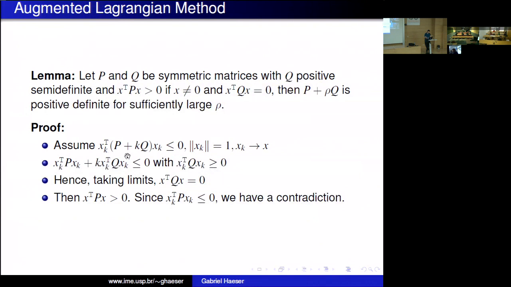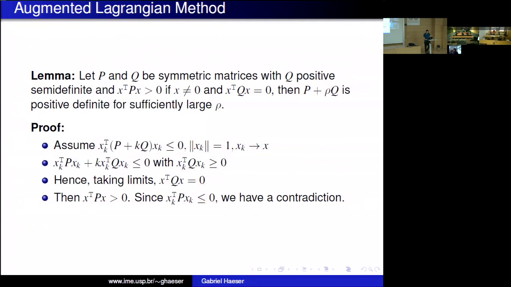So when I open up this calculation here, I get xk transpose P xk plus k xk transpose Q xk, and this is less than or equal to 0. And since Q is positive semi-definite, this should hold for xk. Now I'll simply take limits in this expression, and I will have that x transpose Q x should be 0.